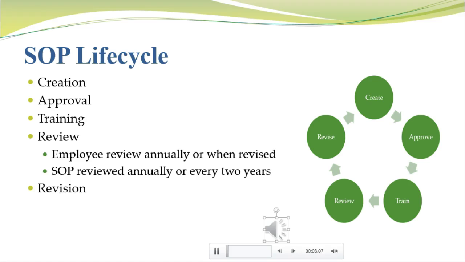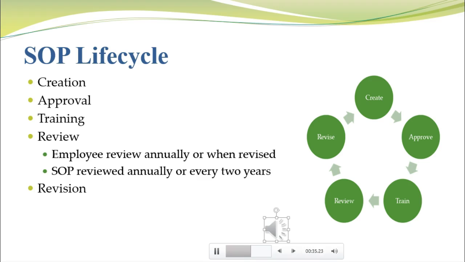SOPs have a life cycle. SOPs tend not to be static documents. Our processes and technology in the clinical research area are changing constantly, and because of that, our SOPs need to change so that they describe the current practice. So SOPs typically go through a cycle of creation, then they are approved, individuals train on them, and then if the SOP stays static without changes, the employee will review that SOP annually.